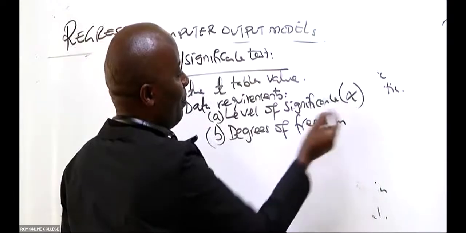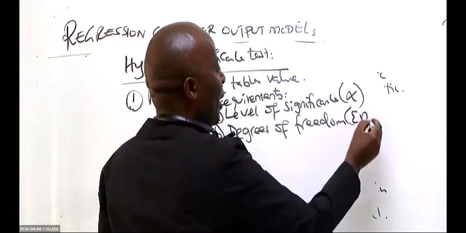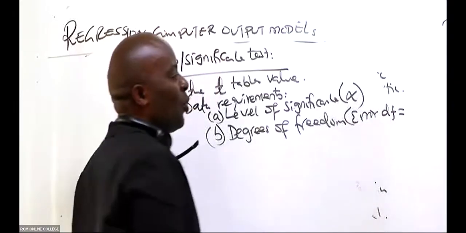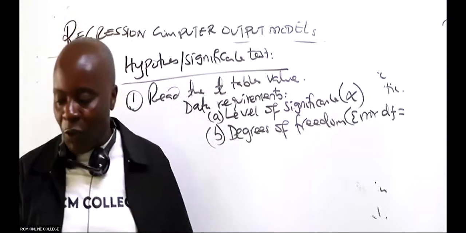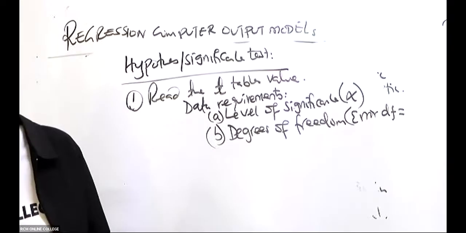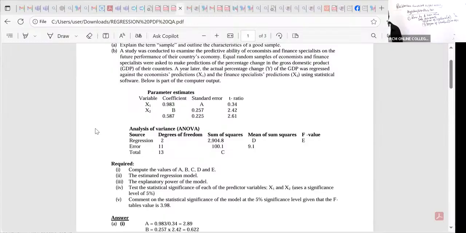Actually, these are the error degrees of freedom. Are you able to see them from your table there? Is there somebody who is able to see them? From my table, the error degrees of freedom that I'm able to see, there are 11, isn't it?